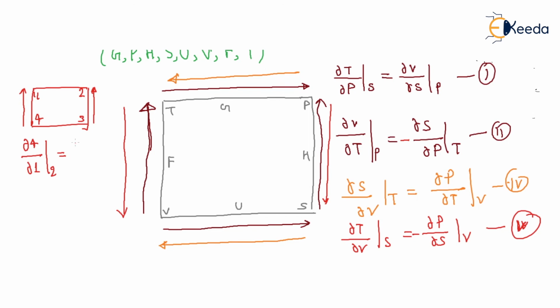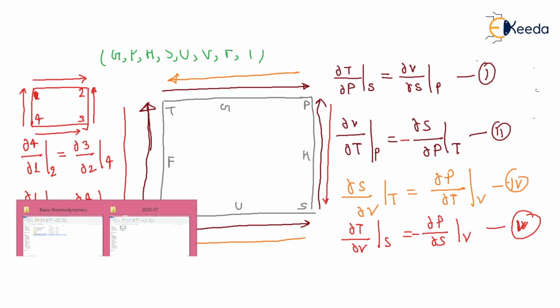So ∂3/∂2, and 3 opposite 1. Draw a line here like that. So what is that? ∂1/∂2, opposite 3. Starting, draw a line here parallel to this, so ∂4/∂3, starting 4 to opposite 2, like that. So you always remember like that.